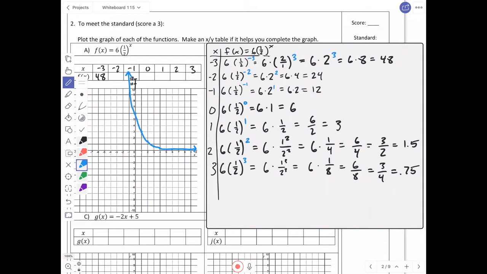And let's fill in our table. We had 24, 12, 6, 3, 1.5, and 0.75.